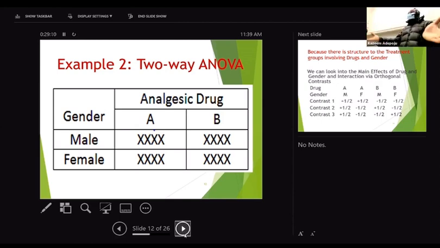Now, this is a two-way Anova because we actually want to look at the effects of 2 categorical predictors on the response. One factor is the levels of drug, the other factor is gender. And how do we set up a contrast in this situation? What is the meaning of contrast?